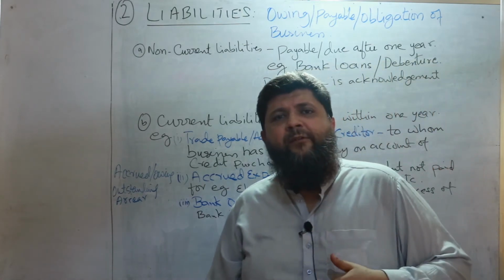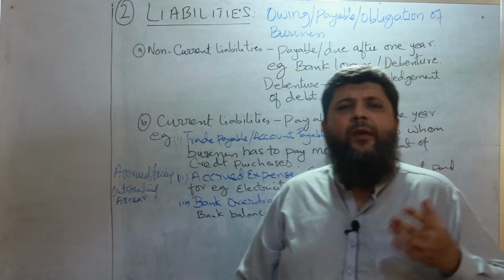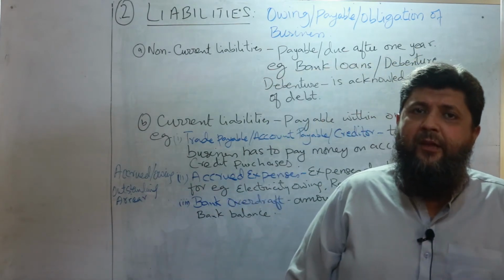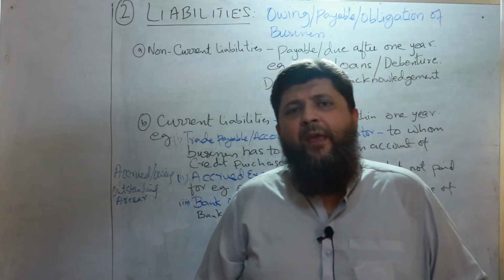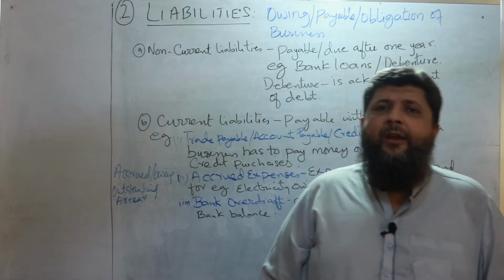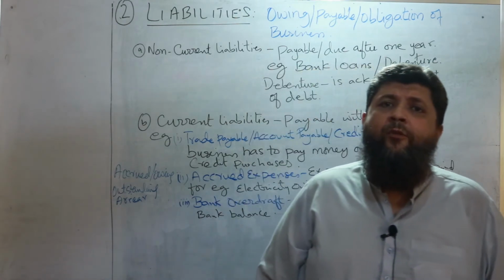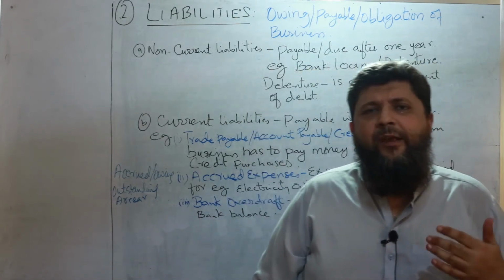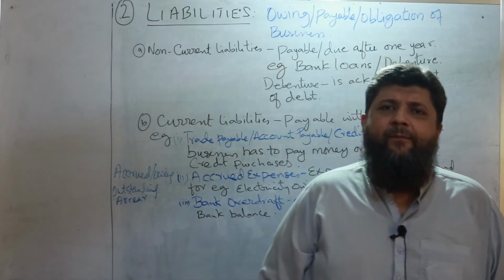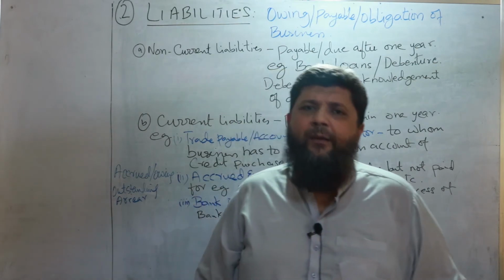For example, if the telephone bill of January is to be paid in the month of February and you do not pay this, it will be a liability, it will carry forward, and you have to pay in the next month along with the current one. If you don't pay this, the telephone facility will be disconnected. Same goes for electricity. So if an amount is due but you haven't paid, it becomes your current liability.